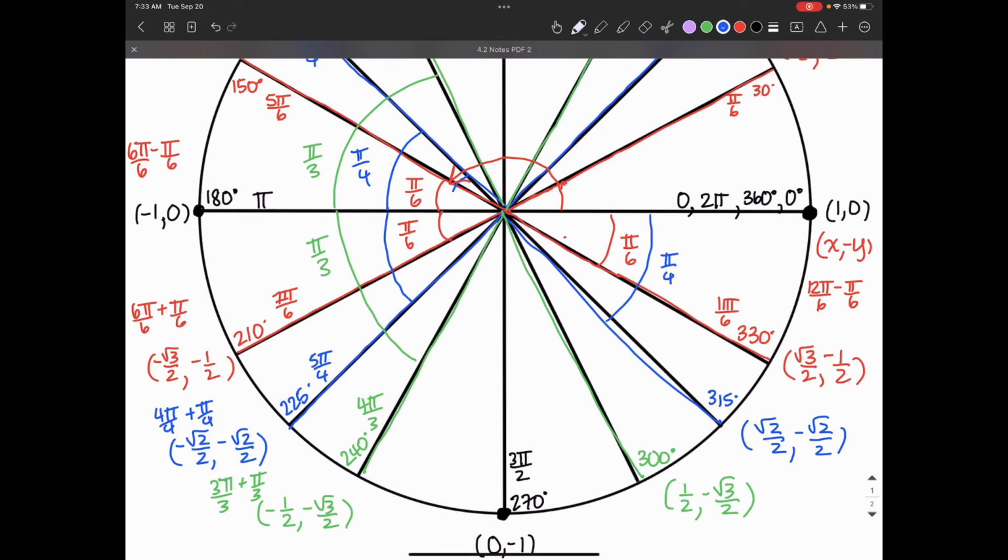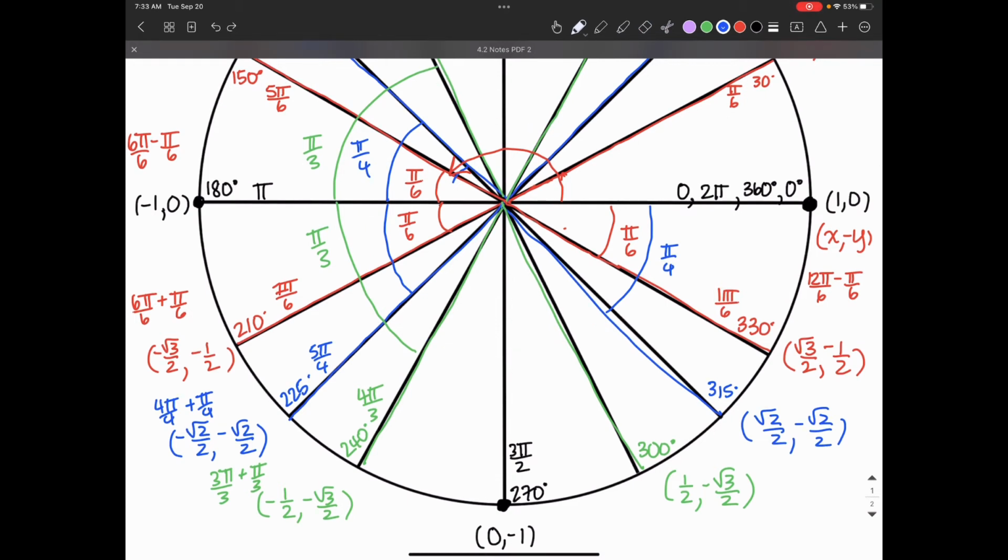Then this angle I drew is pi over 4. I want to go full circle minus pi over 4. So I'm going to do 2 pi minus pi over 4. I'm going to change this to 8 pi over 4 minus pi over 4. 8 pi over 4 is the same as 2 pi. And I'm going to get 7 pi over 4.